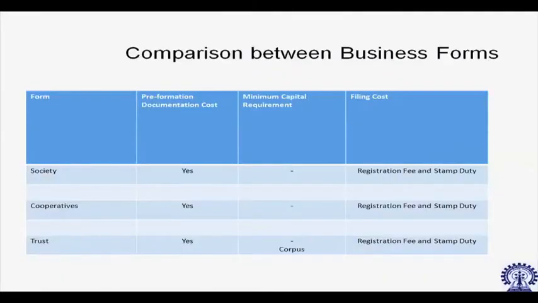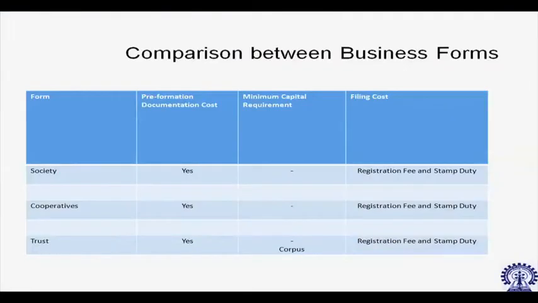Now, let me take you to the next category, that is a society. In case of the society, again you need to make a memorandum of association, and for preparation of the memorandum of association you need professional advice.